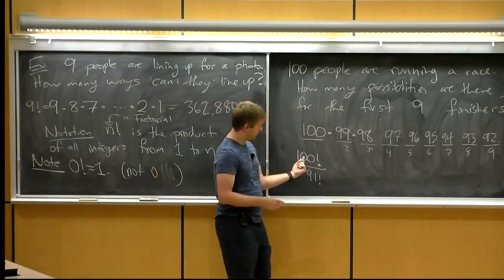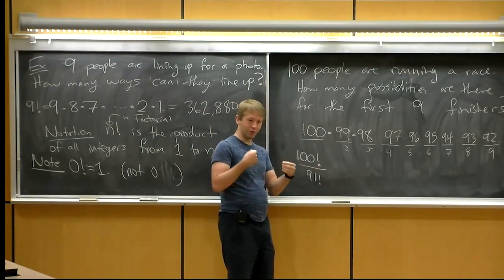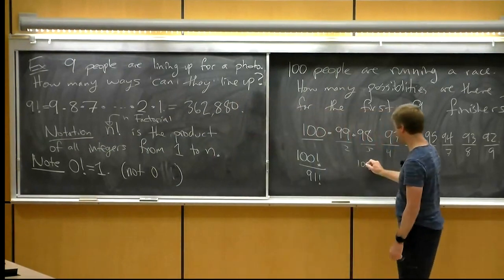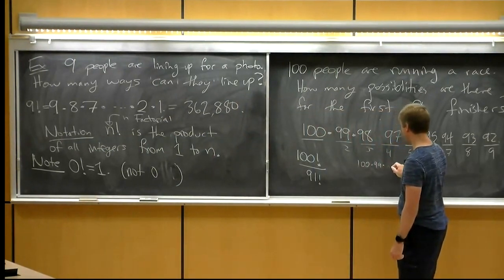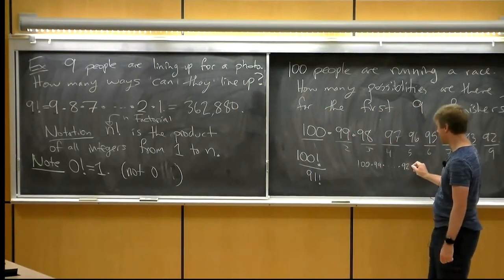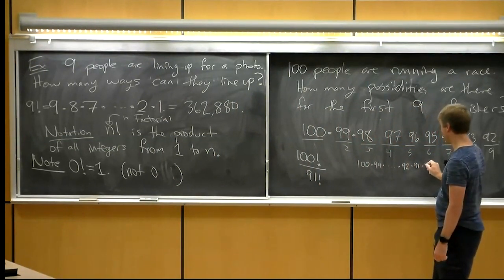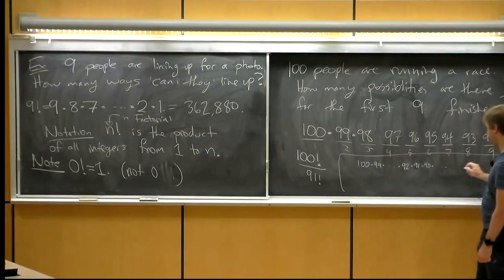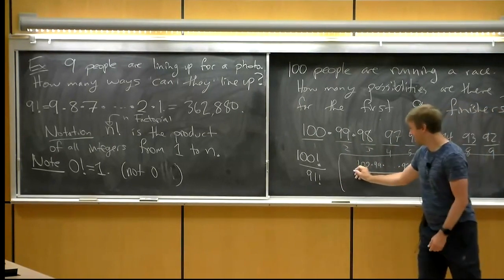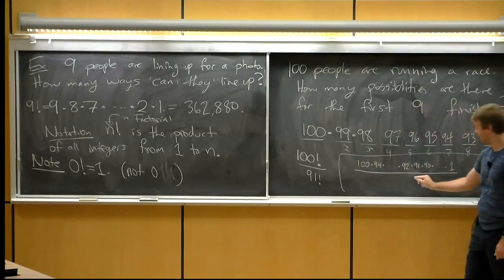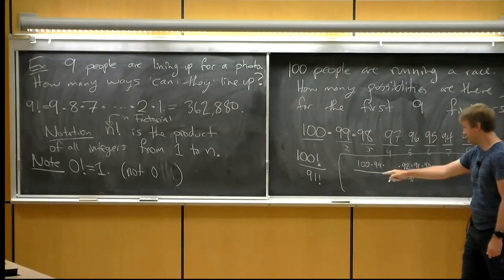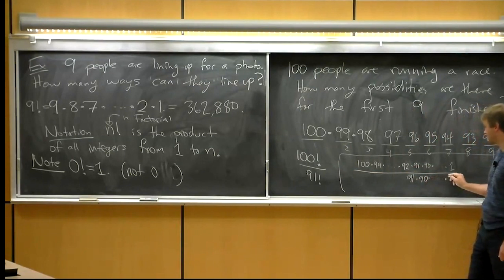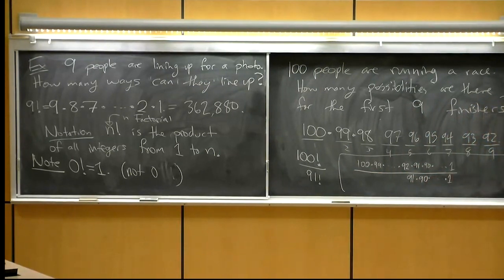Because 100 factorial goes all the way down to 1. So if I have 100, 99, dot, dot, dot, down to 92, and then 91, 90, dot, dot, dot, all the way down to 1. So I'm just rewriting what I've written here. This one starts at 91 on the bottom, times 90, times dot, dot, dot, down to 1.